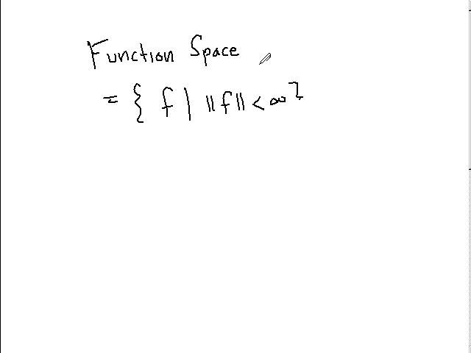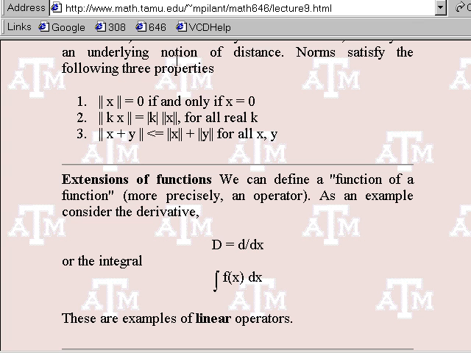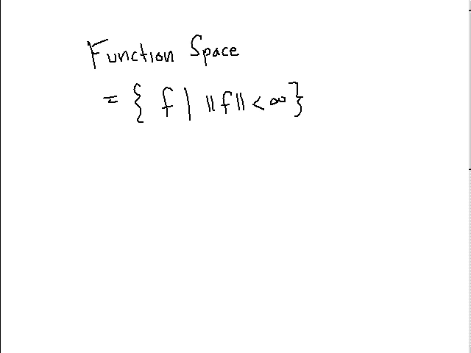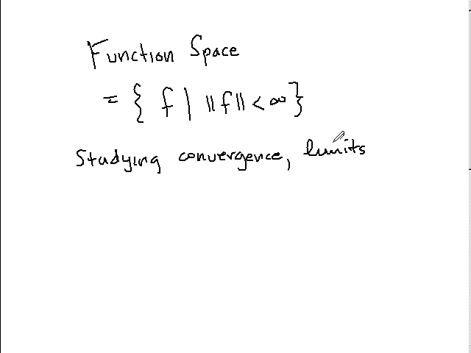So the combination of functions and a norm is extremely important. If this norm is Lp, then you have Lp spaces, and you can have Hilbert spaces, Banach spaces, all kinds of function spaces. And studying convergence, in other words limits, is one of the things that people do all the time.